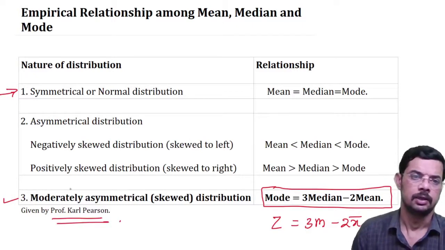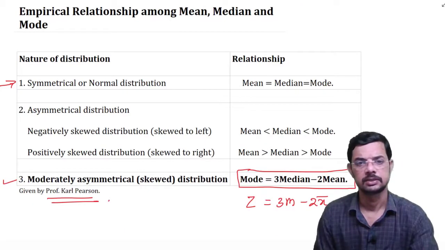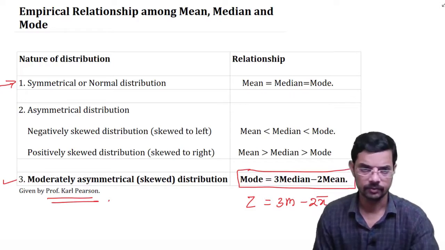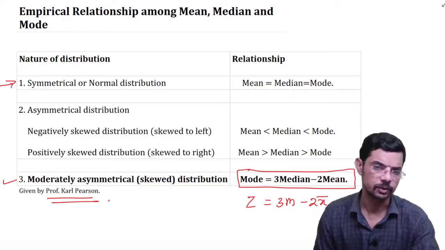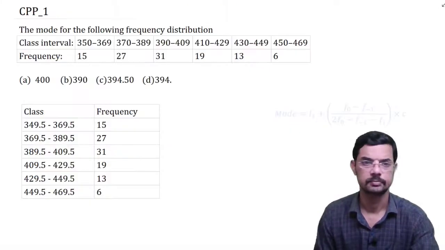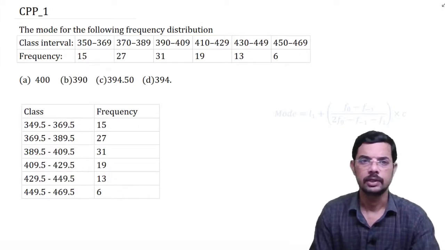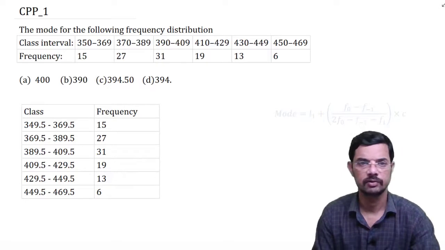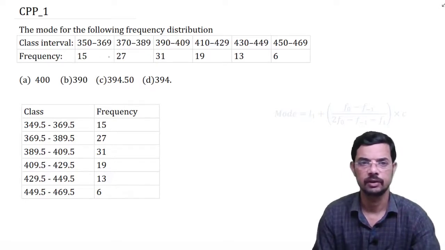Next, we shall understand how to use these concepts using problems. We shall present situations where these concepts are applied. Let us look at those problems. Let us calculate the mode for the following distribution. Class intervals and frequencies are given.